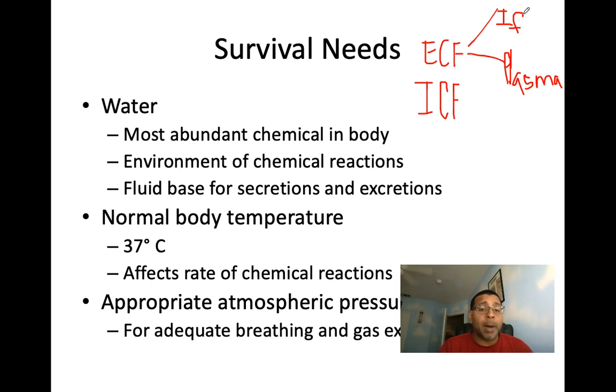Next is a normal body temperature. A normal body temperature is important and must be maintained in order for the chemical reactions to continue at a life-sustaining rate. If the body temperature drops below 37 degrees Celsius, it causes our metabolic reactions to slow down and eventually stop.